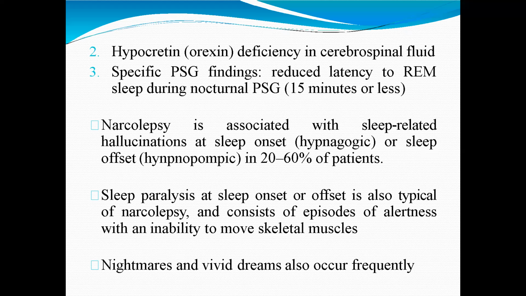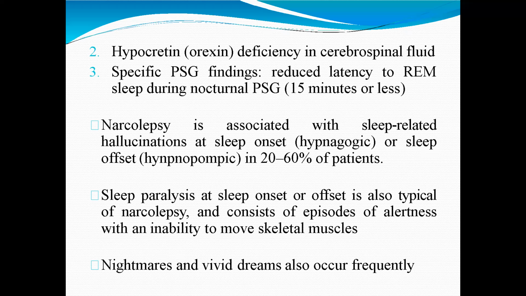Narcolepsy is also associated with hallucinations at sleep onset, hypnagogic, or at sleep offset, hypnopompic, in 20 to 60% of patients. So onset and offset: hallucinations can occur at the start of sleep. Paralysis can also occur, sleep paralysis at onset or offset.